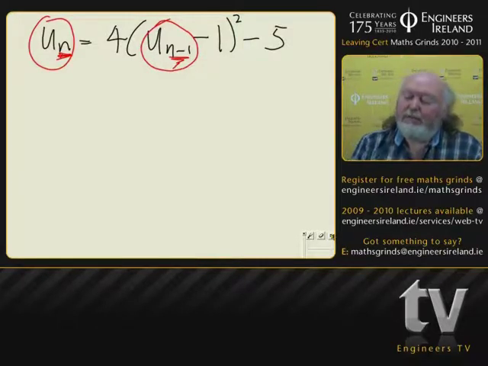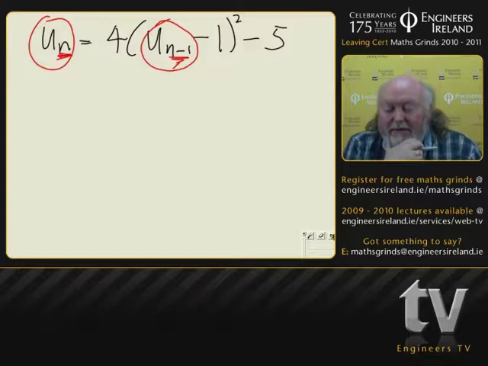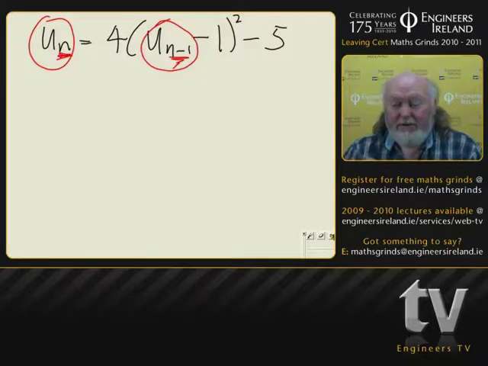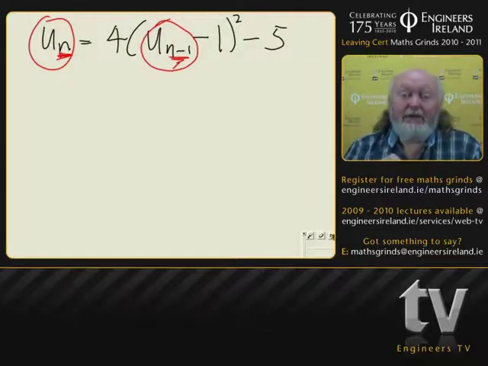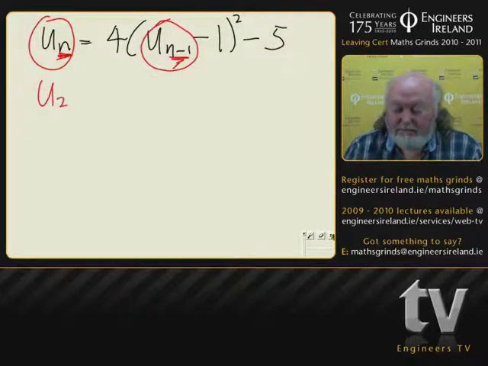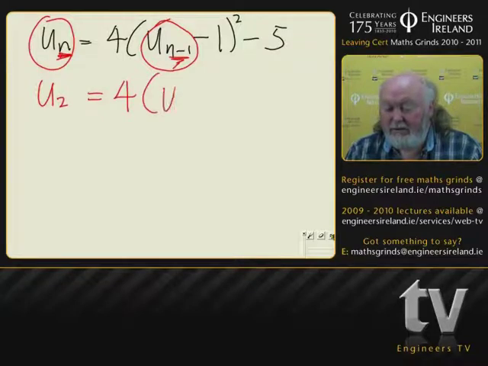The interesting thing about this particular one is that it'll cause a series, a whole load of numbers as you work out for the different n values. There's only one problem with it. It actually can work for several series. And what I mean by that is, let's look at the U2 one. That's going to be 4 outside of the U1 minus 1 squared minus 5.